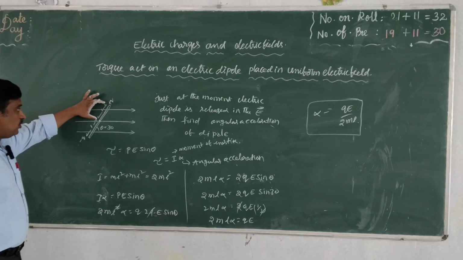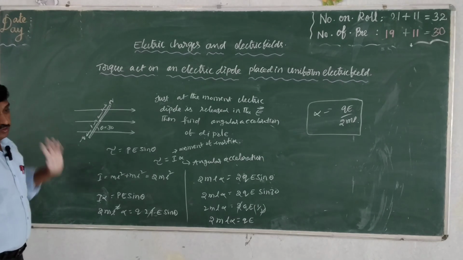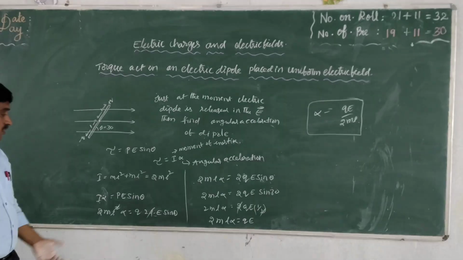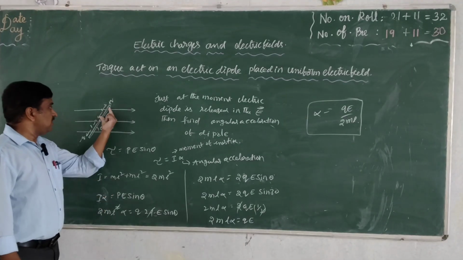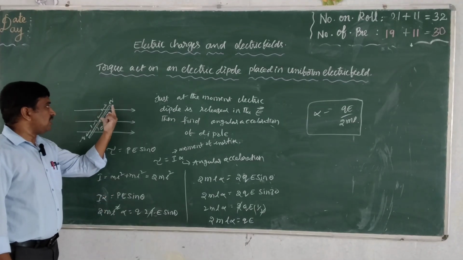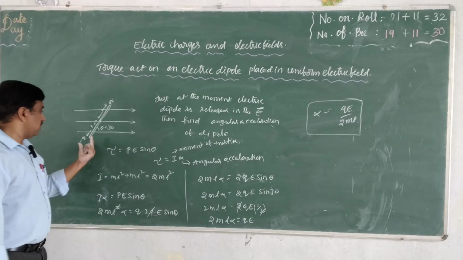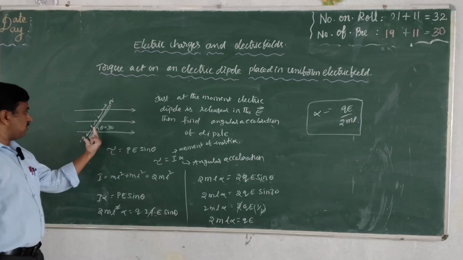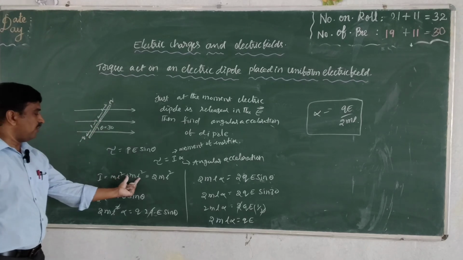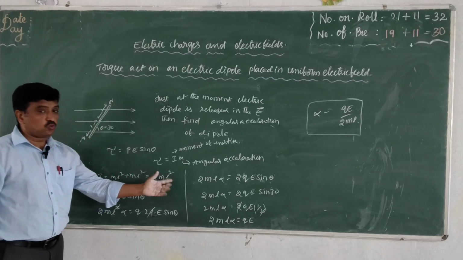What is the length between the point and the center of mass? The square of this length, mass into the square of the length. Length is L, the distance between the axis and this point mass. So for this particle to the axis of rotation, it is ml square. So what is the moment of inertia? 2 ml square.